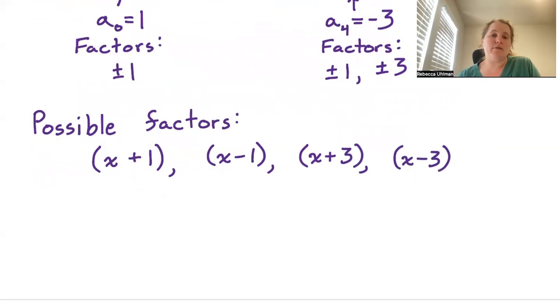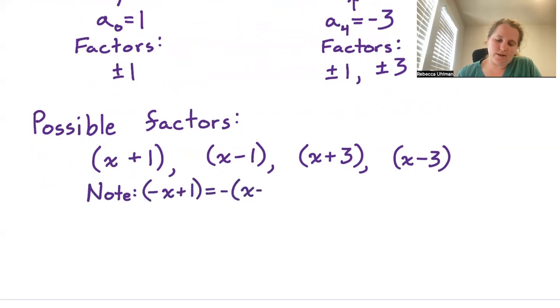Note, if we put a negative in front of the x, then it would just be the negative times the opposite version. So note, negative x plus 1 is just negative in parentheses x minus 1. So in general, if we have negative bx minus c, this is just the same thing as negative in parentheses bx plus c.